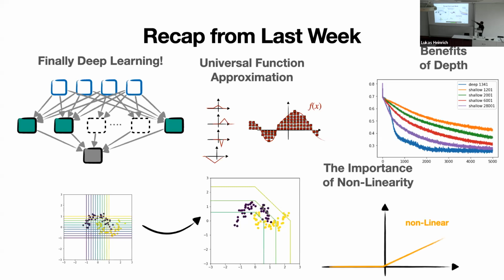So finally, we dipped our toes into deep learning in the sense that we had a single hidden layer. It's not very deep, but at least it's 2 matrix multiplications deep. And so this opened up the door to a much richer family of functions.